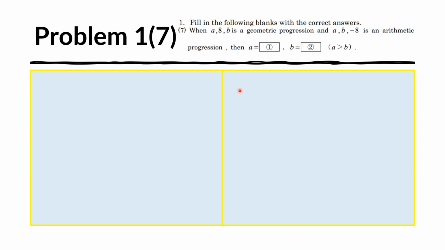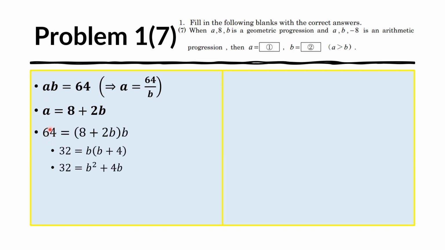From the previous slide, we obtained the two equations that we need. So ab equals 64 and a equals 8 plus 2b. This first equation can also be written as a equals 64 over b. Now, we have to solve these for a and b. And the first equation is used here. So 64 equals a times b.